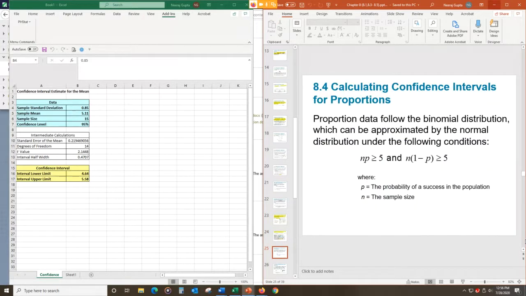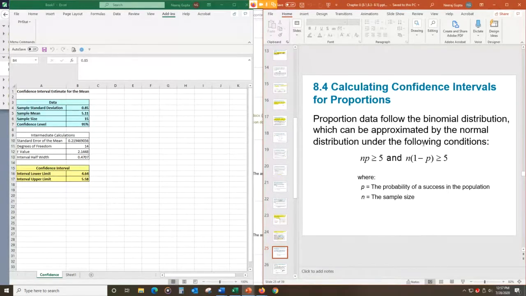Okay. Now, when we do the confidence interval for proportions, one more important thing. In chapter 7, we saw that if the sample size is more than 30, we do not need any assumption. It can be approximated by a normal distribution. But if the sample size is less than 30, then the population should be normally distributed.